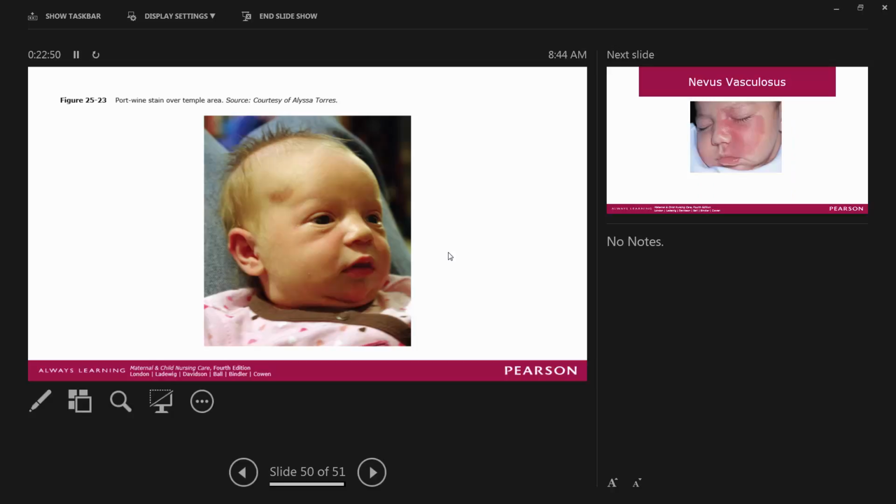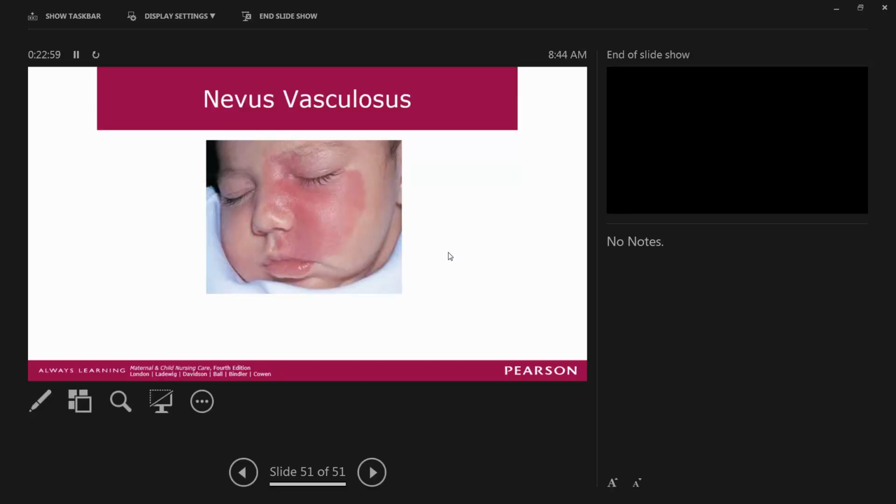Yeah. So here's your little port wine stain. It's kind of there in the temple region. And, well, here's your strawberry mark. So this is a really big one. So this could grow on this little baby's face.